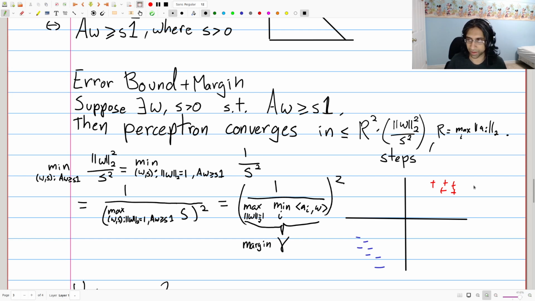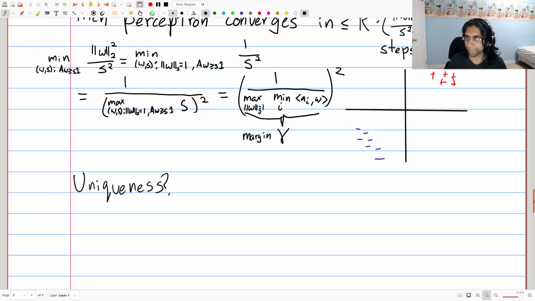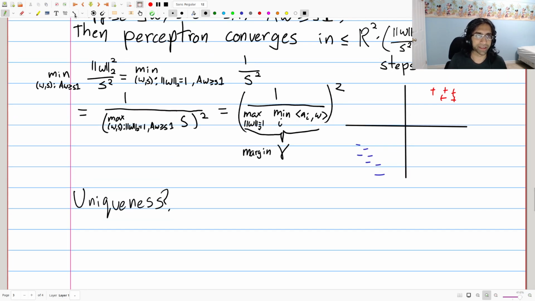And on the other hand, imagine we have a data set which looks something like, let me just draw another one below. Imagine you have a data set which looks more like this, where you put, say, a bunch of points over here, and you put a bunch of points over here.